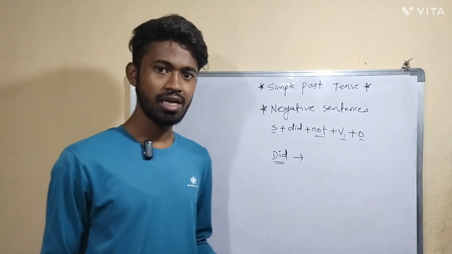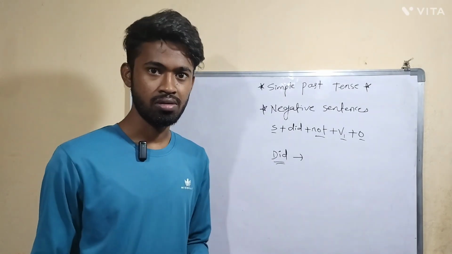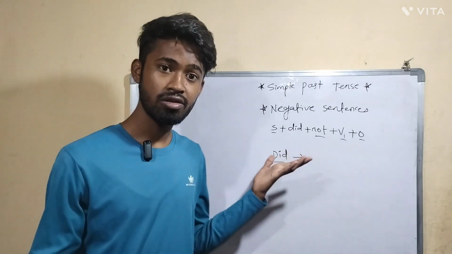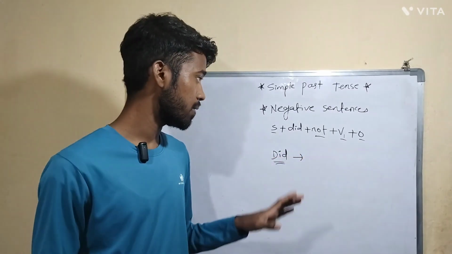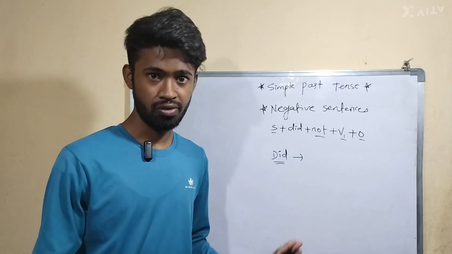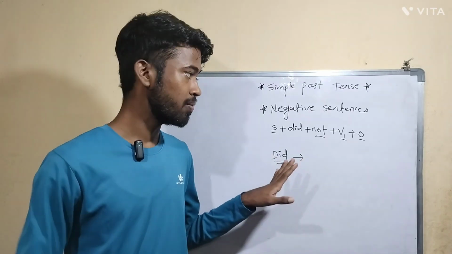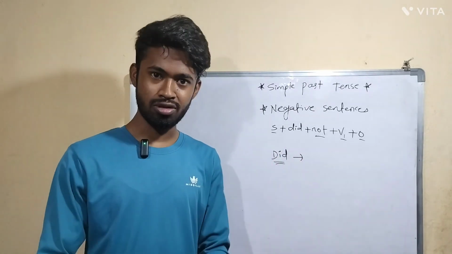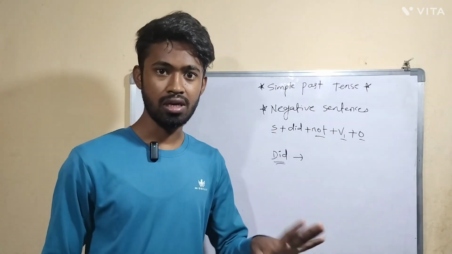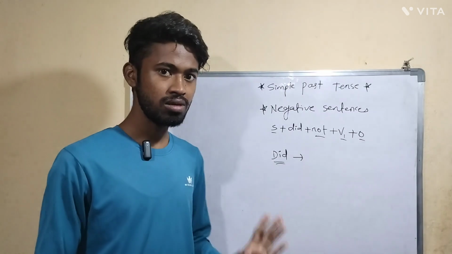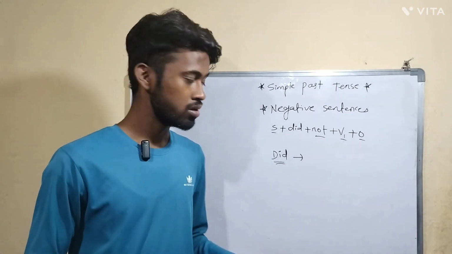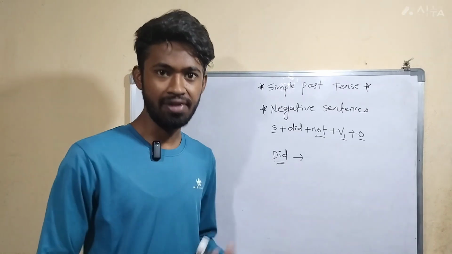As we have seen in the positive structure, there is no singular or plural subject role, and even in the negative structure there is no such role. That is the easy part. The tricky part is that in positive structure there is no helping verb, but in negative and interrogative sentences you have to use did as a helping verb. How will you remember? You need to practice this very well.